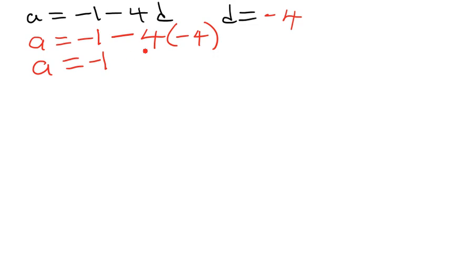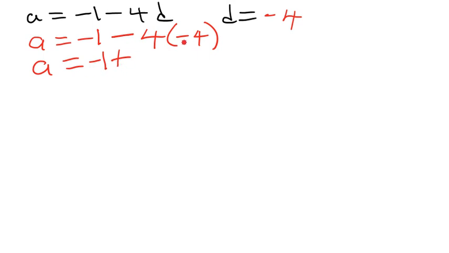Now a is equal to minus 1, negative 4 multiplied by negative 4.